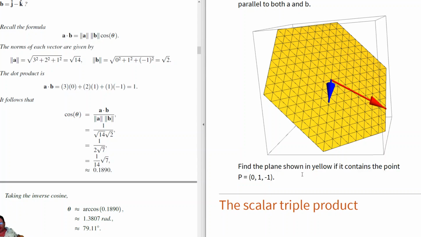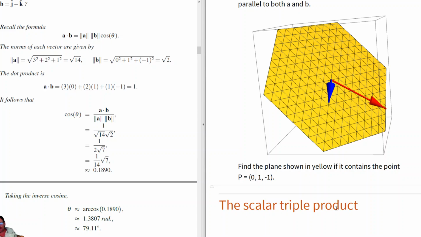All right, so I said earlier that this plane is parallel to the two vectors A and B, the red one and the blue one. So if I want to find a vector that is perpendicular to both, I can take the cross product. Now, why would I want a vector perpendicular to both? Because when I get that vector perpendicular to both, that actually tells me the description of the plane in yellow here, and I'll show you in a moment.